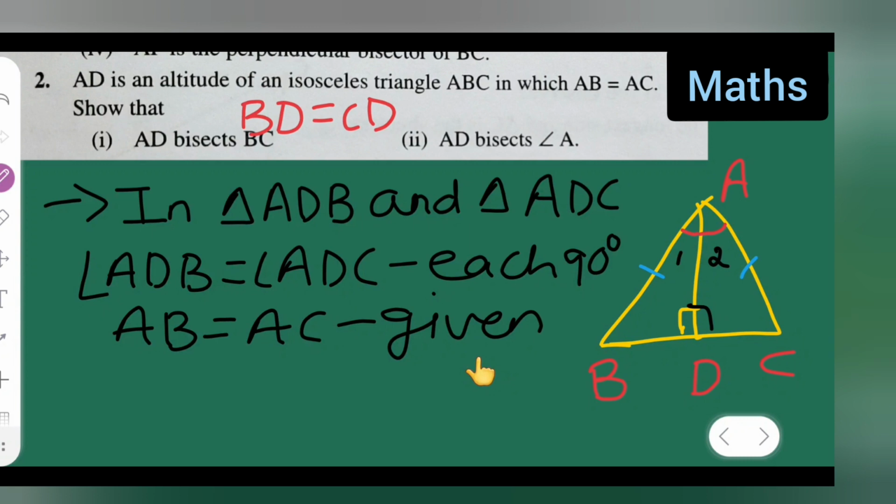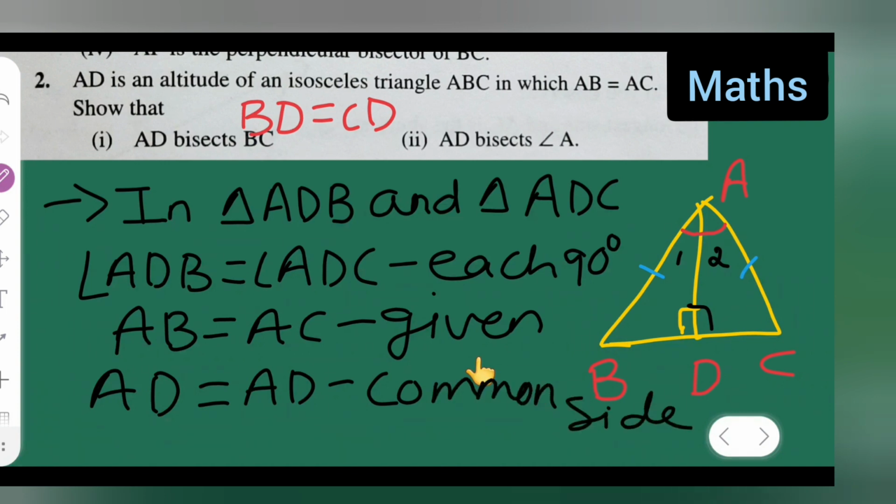Given. Next, you all are going to say that AD is equal to AD, and you will say that it is a common side. AD is the common side of both the triangles, right?